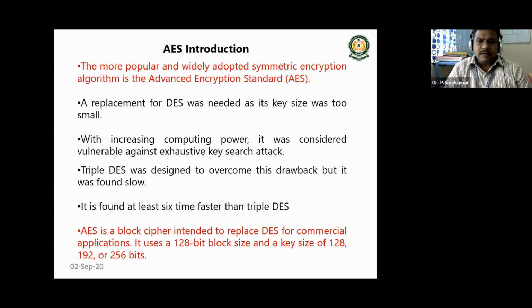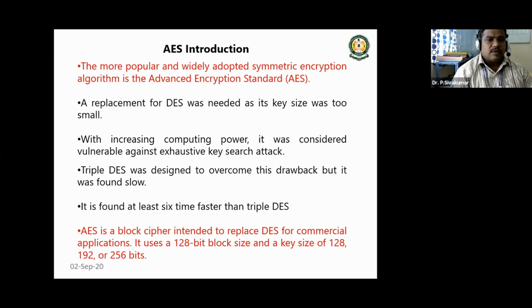So normally, the Advanced Encryption Standard is a more popular and widely adopted symmetric encryption algorithm. So you can clearly listen to all the points. AES is a symmetric encryption algorithm. Previously, you know it very well, we already discussed one or two algorithms.